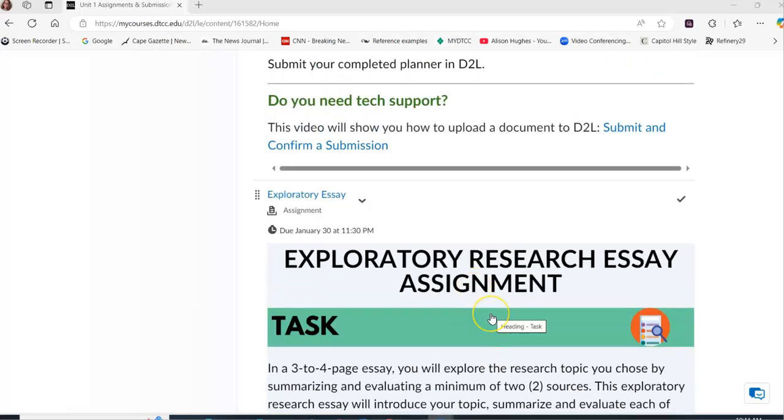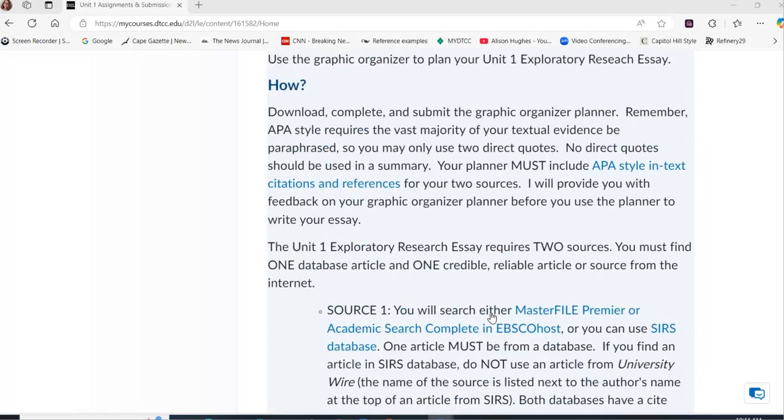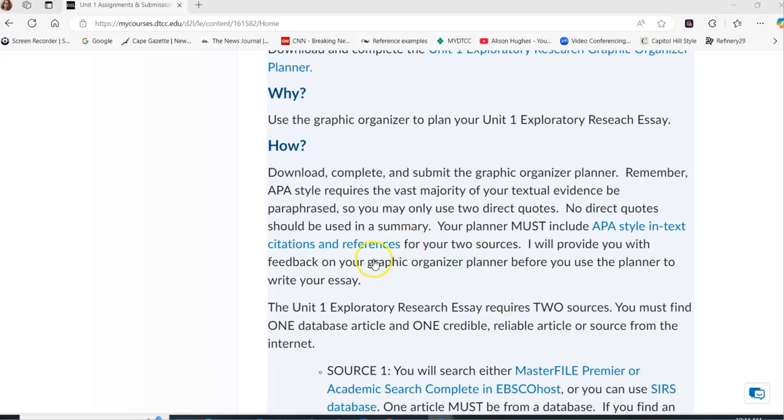And again, please make sure you have looked at your grades in D2L, okay? Because I am providing you with very specific feedback on this planner before you write your essay. So, you can kind of start drafting your essay, but then once that grade is posted, you need to go back and look at the comments on this planner.